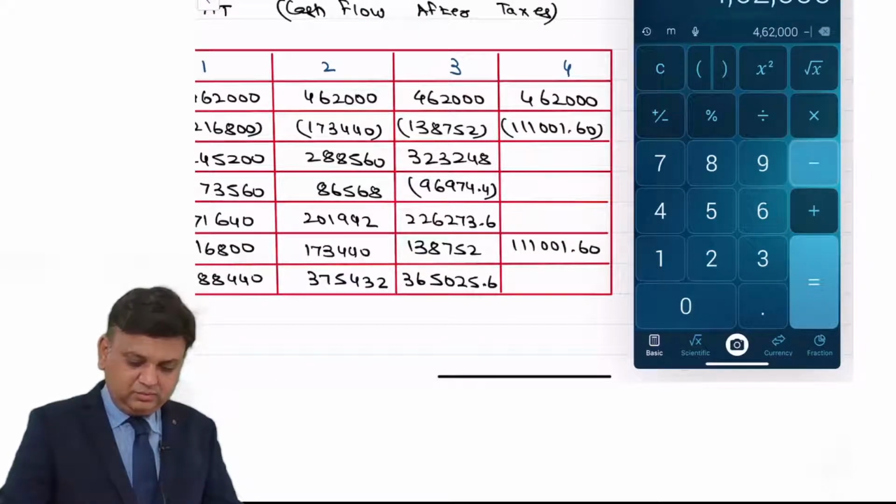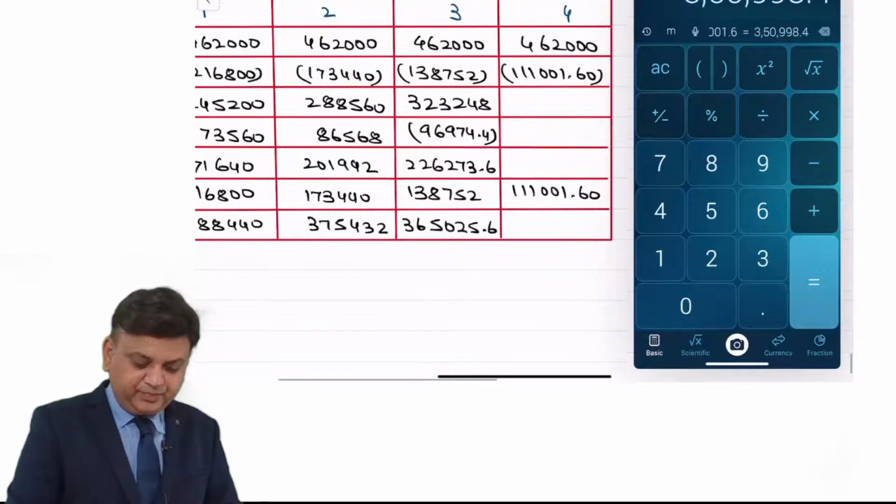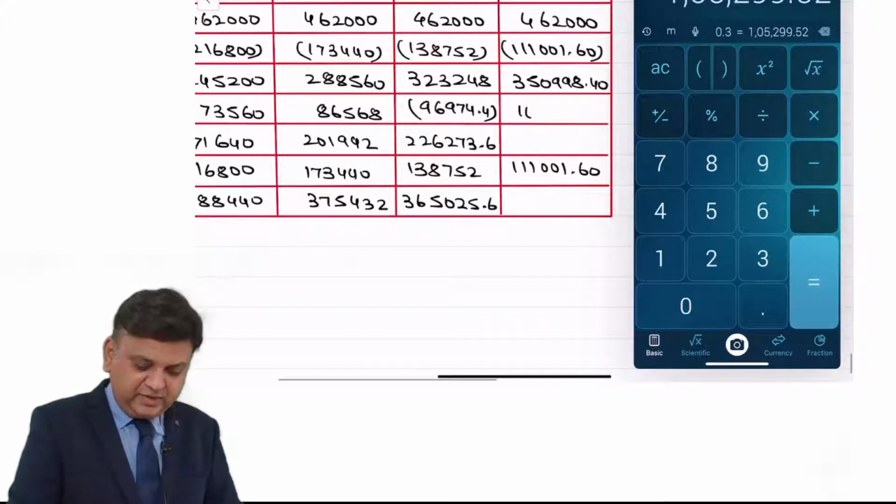462 minus 1,11,001.60. 3,50,998.4 into 0.3, 1,05,299.52.